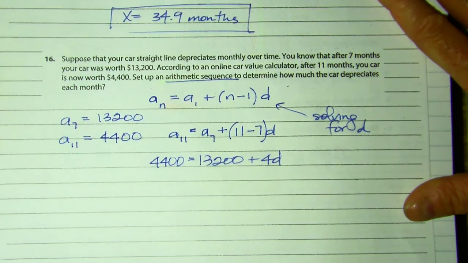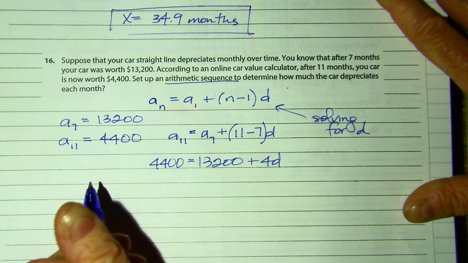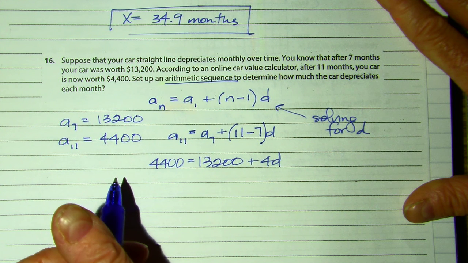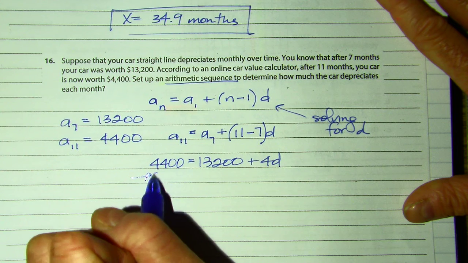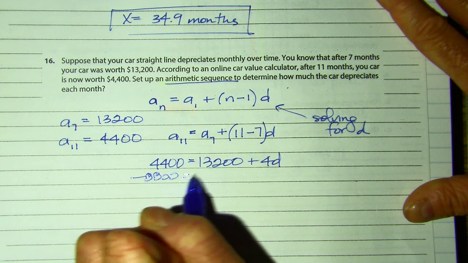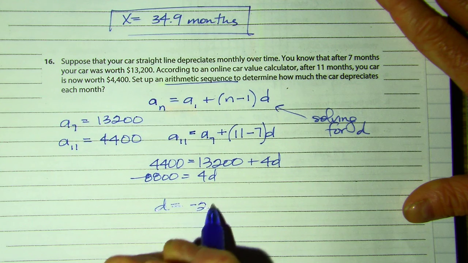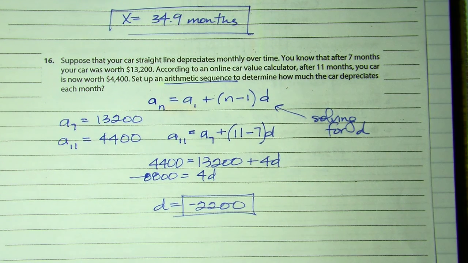All right, so I'm going to subtract, and I get, did I set that up wrong? No, I set it up right. I get negative 8,800 equals 4d, divide by 4, and my common difference, it's decreasing negative 220 per month. And that finally concludes this section.